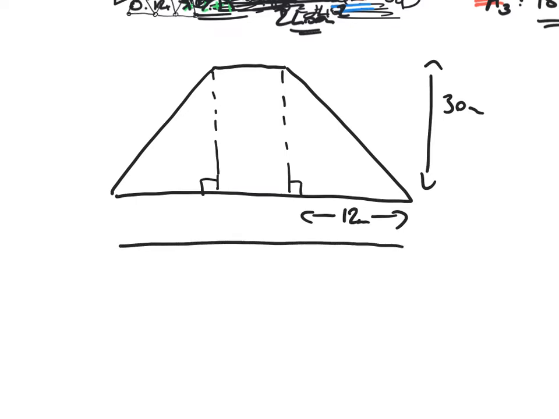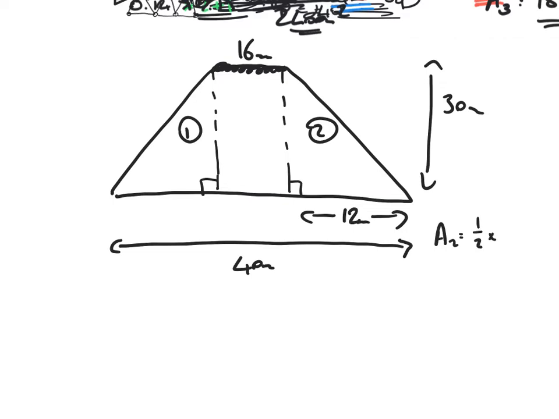And let's say that that is 40 centimetres. Identical triangles, I'll call that area 1 and area 2. I'm also told that this bit in the middle is 16 centimetres.